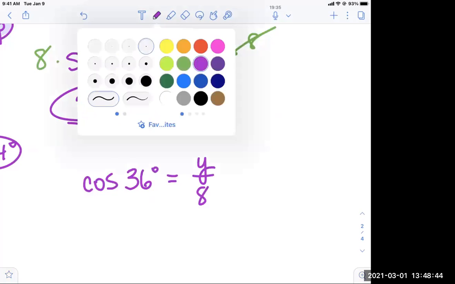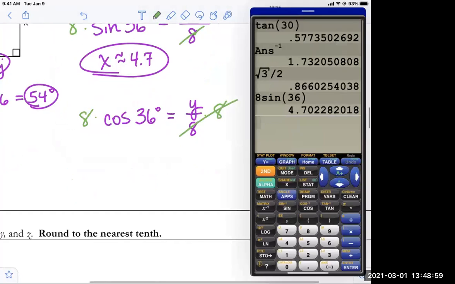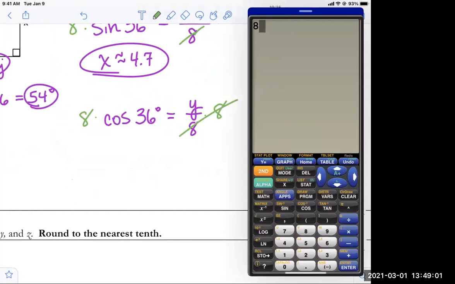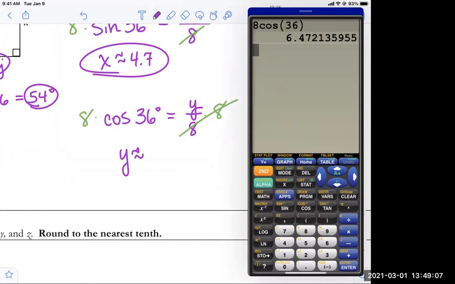It's going to be the same thing we did up above. Multiply both sides by 8. Divide that out. You can put parentheses there if you want to, but it doesn't have to be there. If you put the 8 after the 36 degrees, you do need to put parentheses. But if you write it in the front, you don't have to do that. 8 cosine 36. Y is approximately, to the nearest tenth, 6.5.